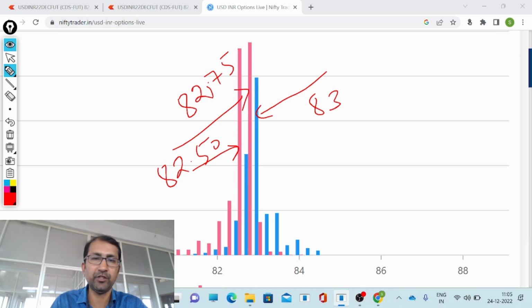Both these levels are crucial. On the upside, if 83 breaks, you can take a long position, and suppose 82.75 breaks on the lower side, you can take a put and wait for levels up to 82.50. So that is the USD INR analysis for the coming week. So trade cautiously. There is no trade between the range of 82.75 to 83.